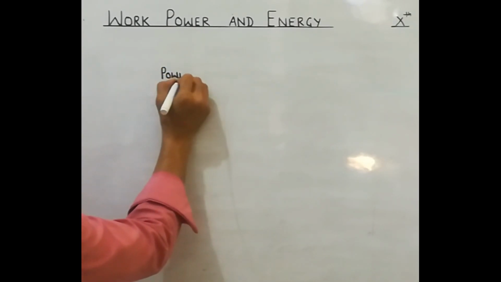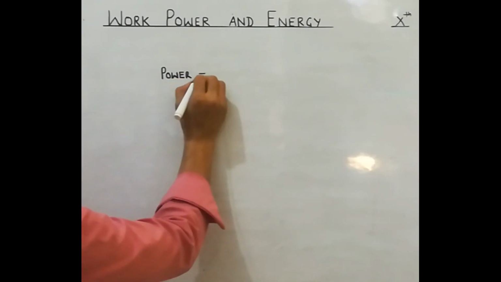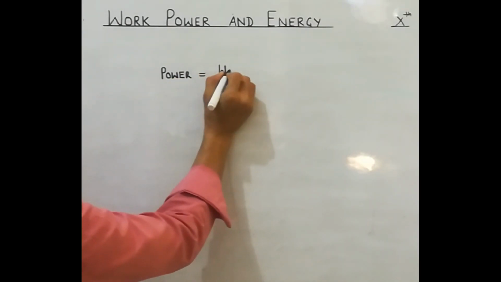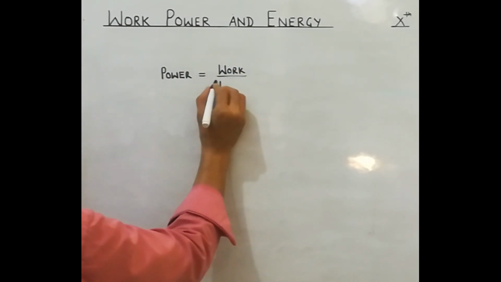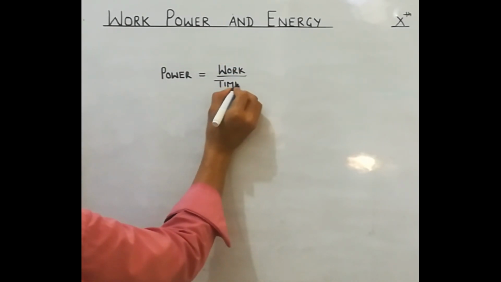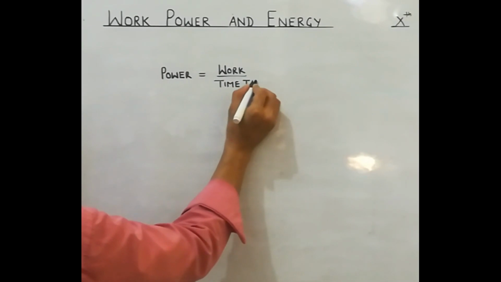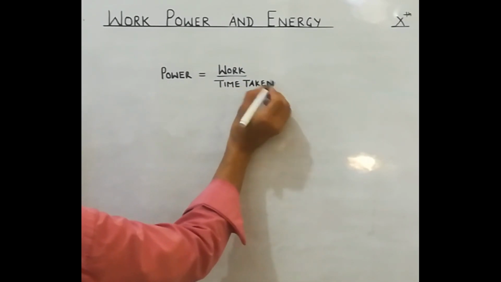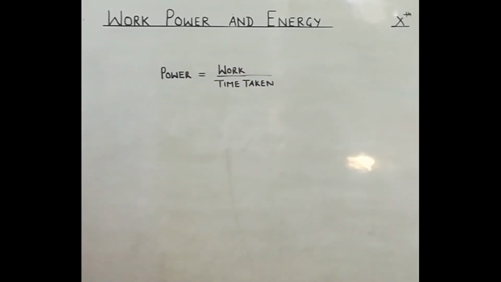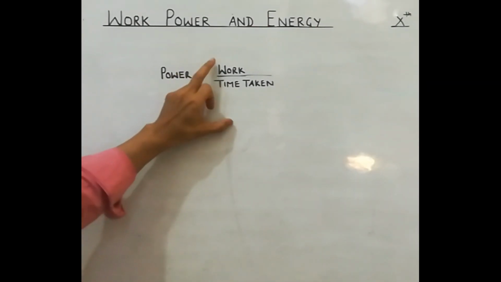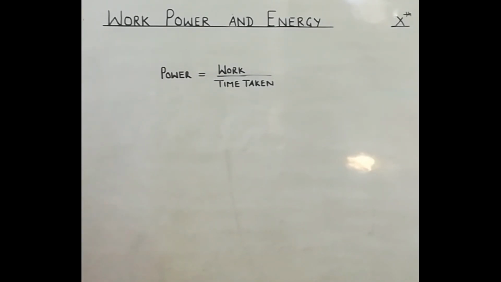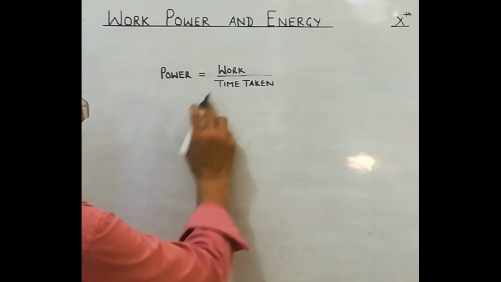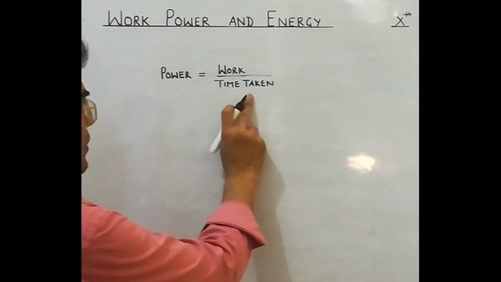So how can we calculate the power of a body? By dividing the work done by the body by the time taken. So this formula will give you power developed: work done upon time taken. So from here, if you write down the unit of power, it's work upon time.